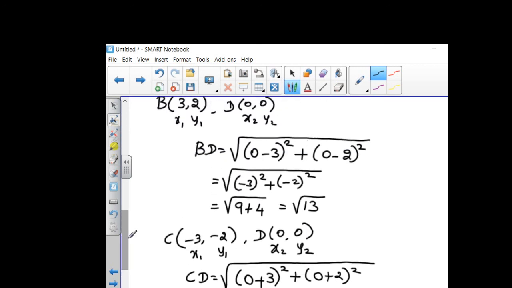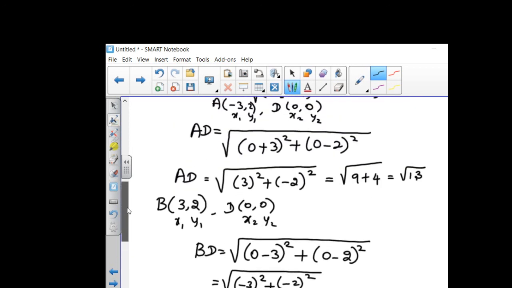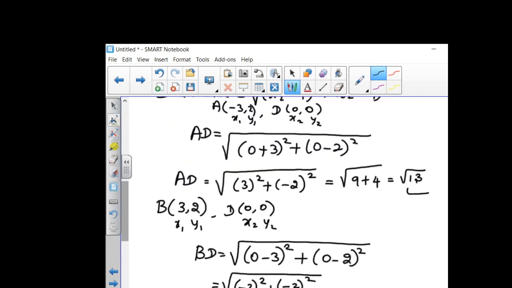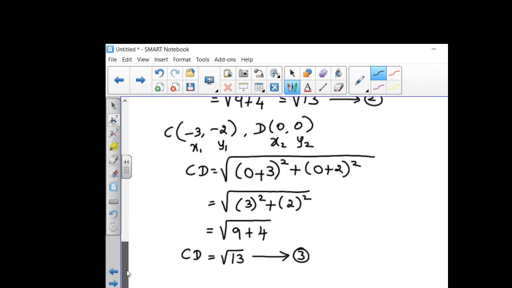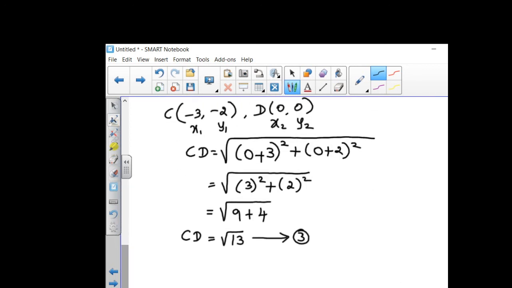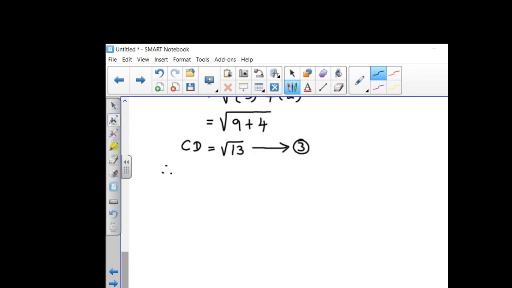This is equation number 3. Before that, you can take it, this is equation number 2. Then AD is equation number 1. Okay, so therefore the distances AD, BD, CD are equal. Therefore AD is equal to BD is equal to CD is equal to root 13.